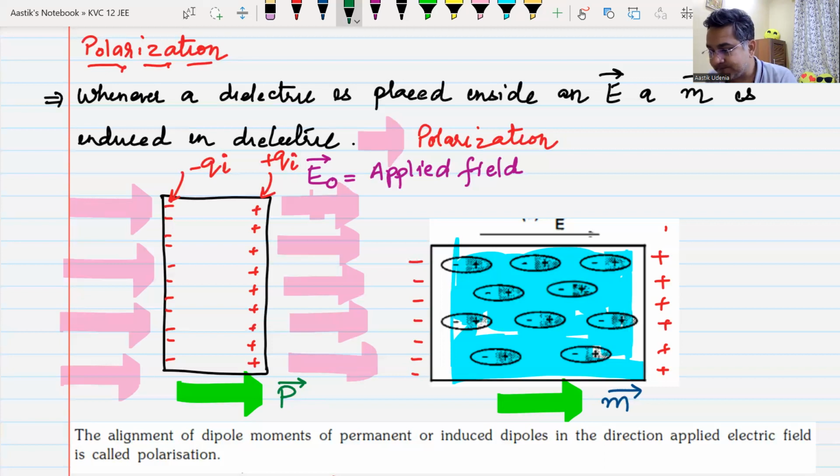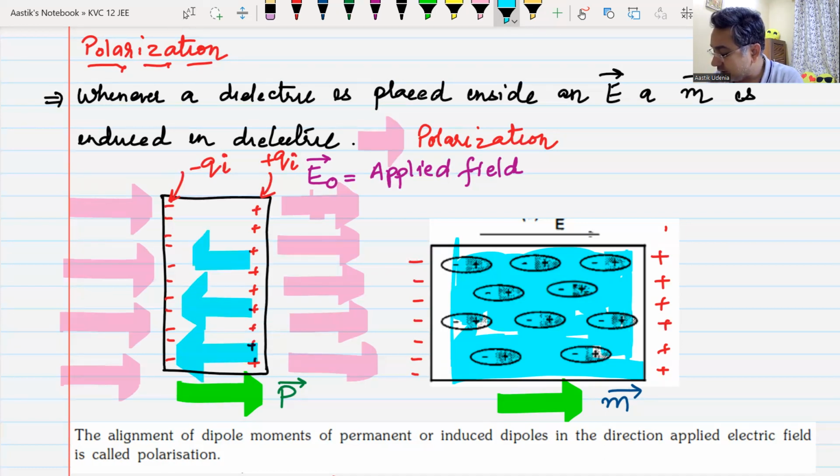No one knows what the direction is of the electric field caused by a positive and a negative charge. So it always goes from positive charge to negative charge.